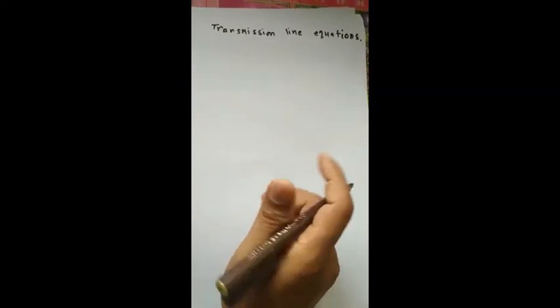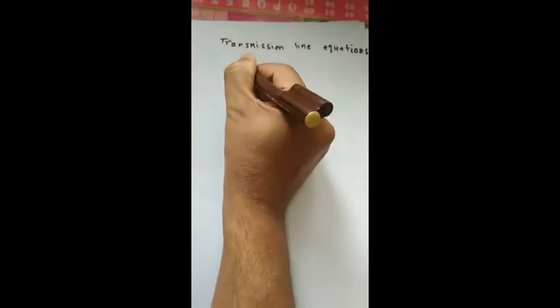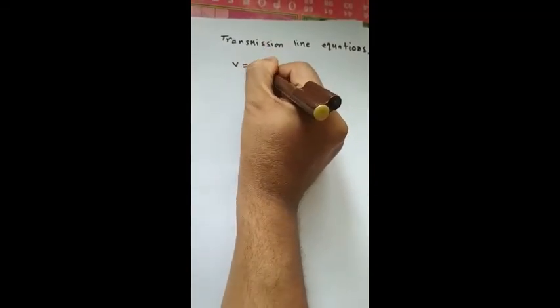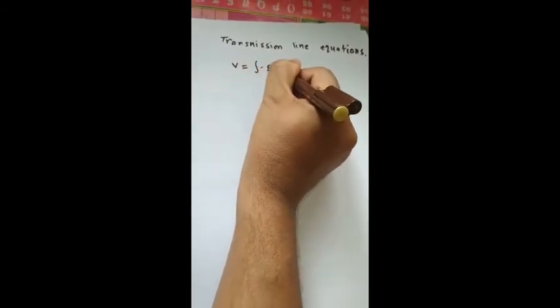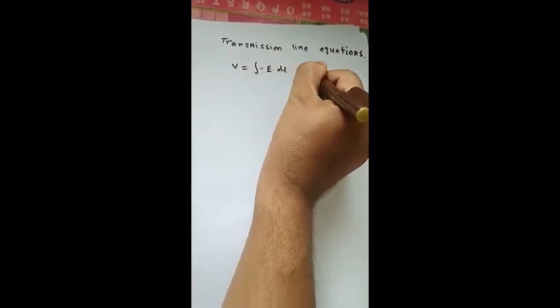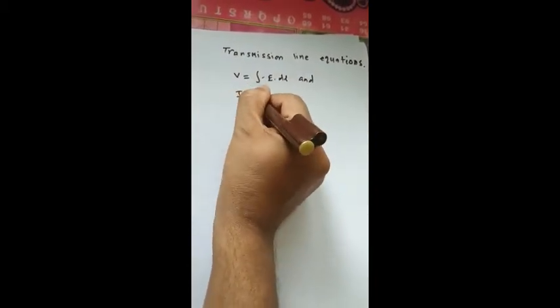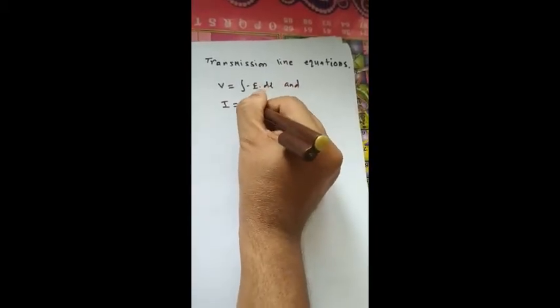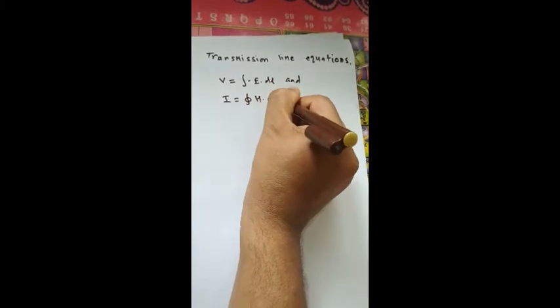As we know, the property of the TEM wave is that the E and H fields are uniquely related with the V and I. So for that case, V can be expressed as minus E dot dl, and I can be related as per Ampere's law, H dot dl.